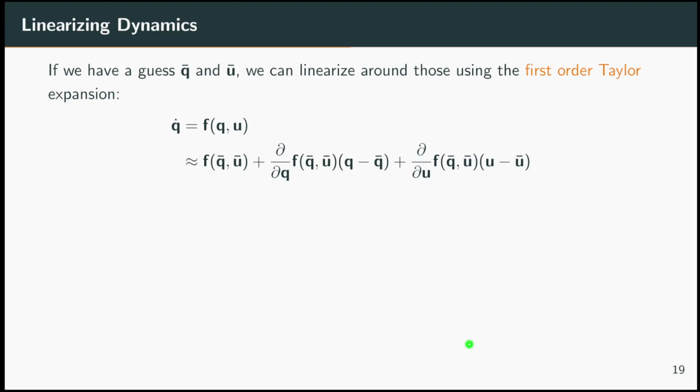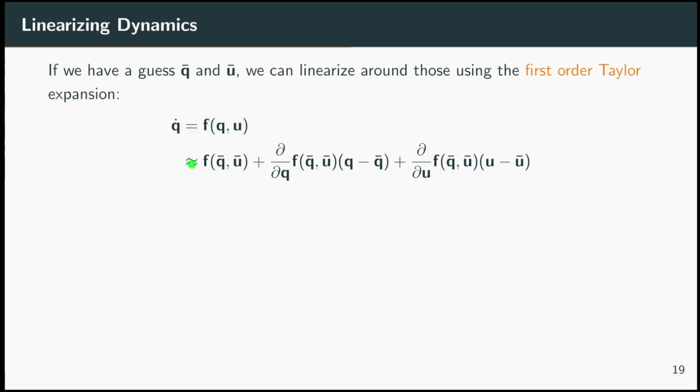Or we can try to still use convex optimization. And in order to do that, we can just linearize the dynamics. So if we have some initial guess on where the solution might lie, which here is just called Q bar and U bar up here, then the standard way of linearizing is to use the first order Taylor approximation that you should have heard maybe a long time ago.